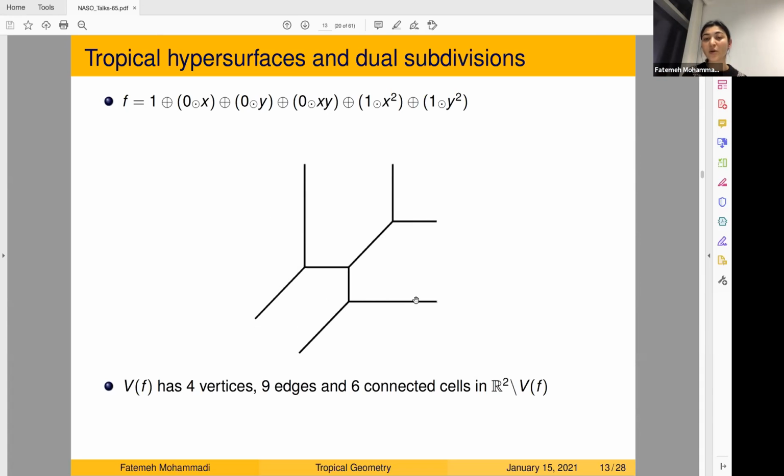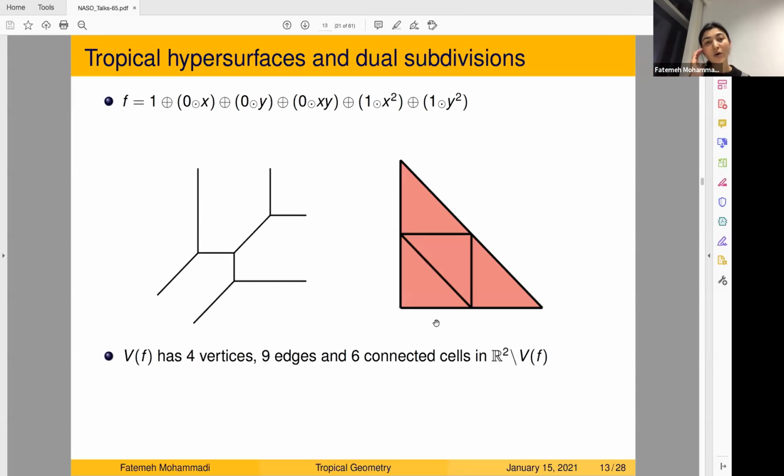By connected components, I mean this is one connected component, this is another, etc. Now I would like to translate this combinatorial data into some polytope. That's what we are going to do now. So how do we do this translation? Here is the answer.